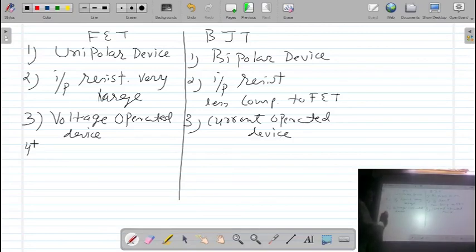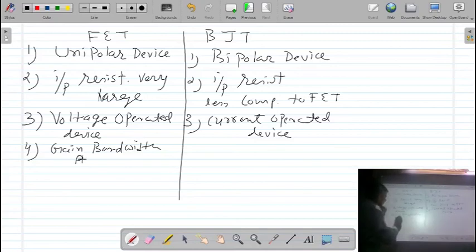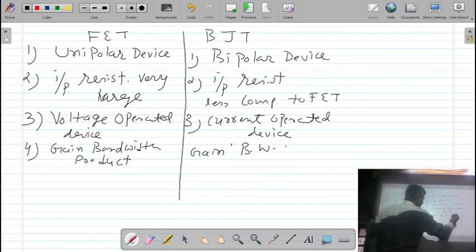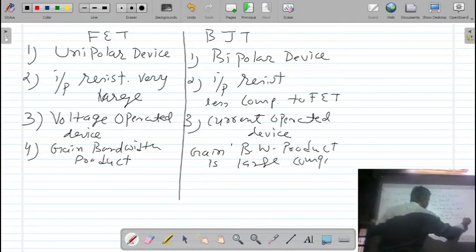Fourth, gain bandwidth product. For FET, the gain bandwidth product is low. Here, for BJT, the gain bandwidth product is large compared to FET.